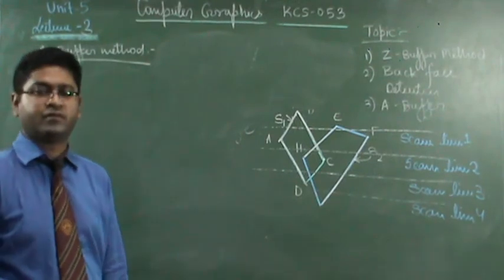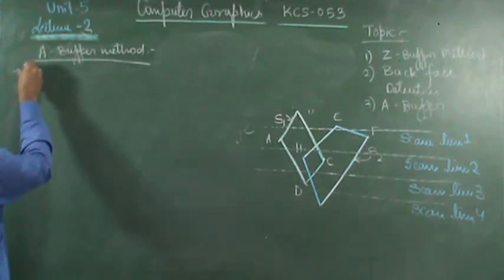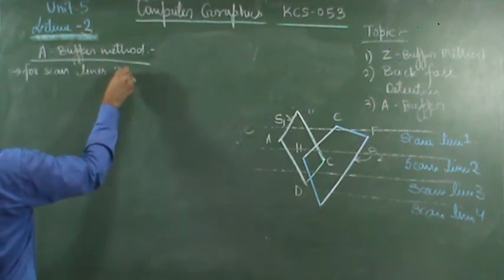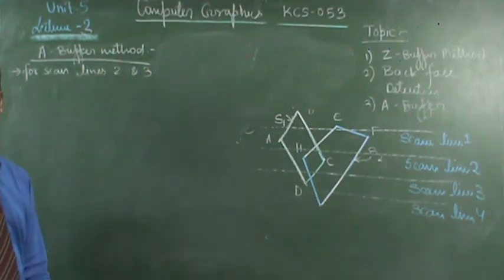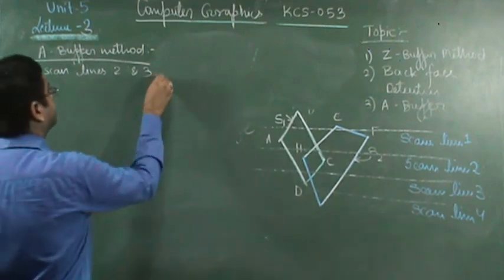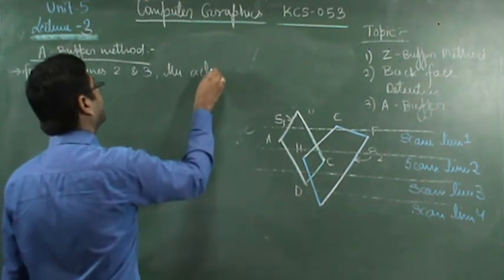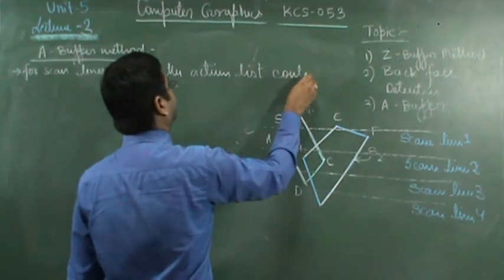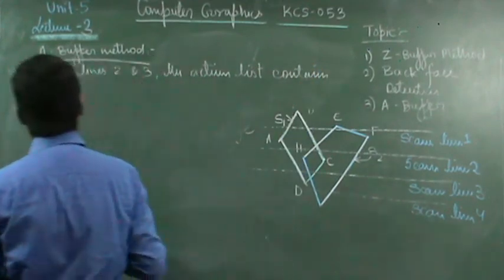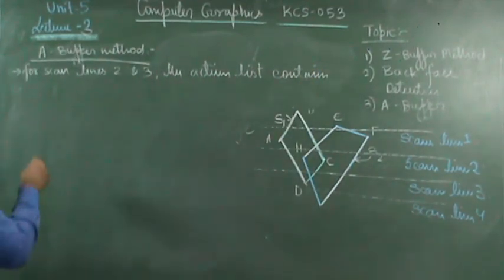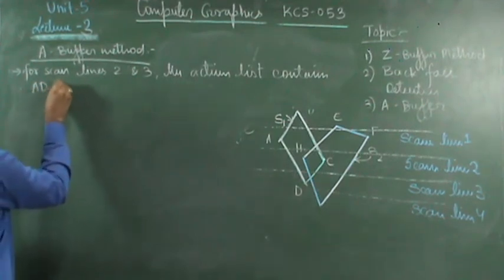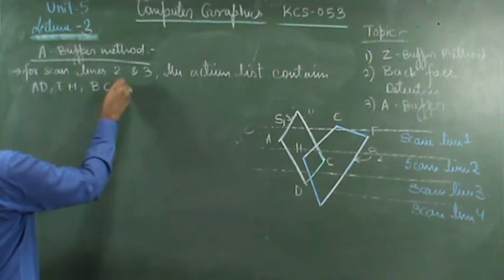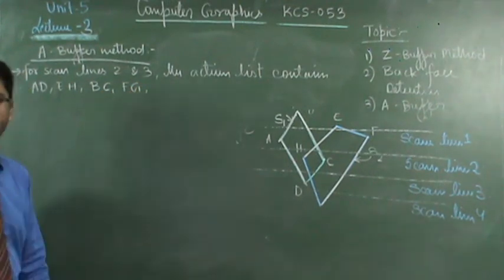Okay. So for scan lines 2 and 3, the active list contains AD, EH, BC, FG.